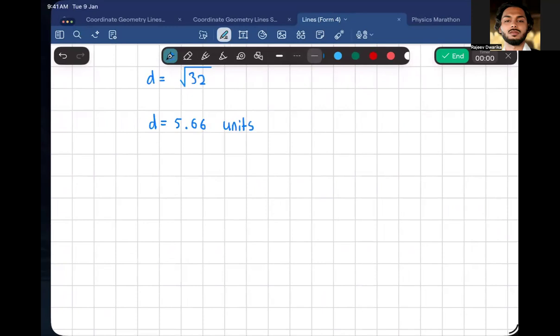This is very straightforward, I promise. Parallel lines.